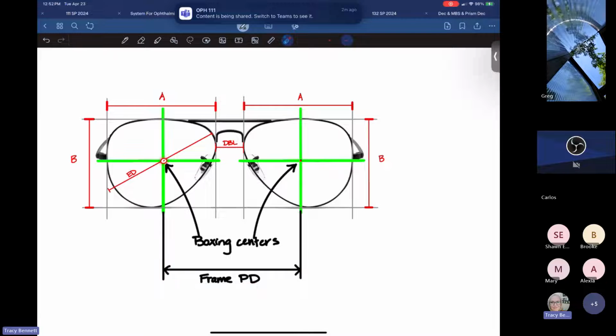The main point that we're coming from is right there at the boxing center. So whenever you get those questions that say the decentration is 2 millimeters less than what it should have been, what it should have been is wherever the eye is. So it's 2 millimeters less than what it should have been. That kind of thing.